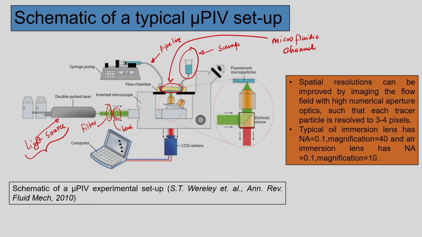The dichroic mirror allows light of a certain wavelength to be used in illuminating the fluidic path, which is kept at the top, and that is shown over here.